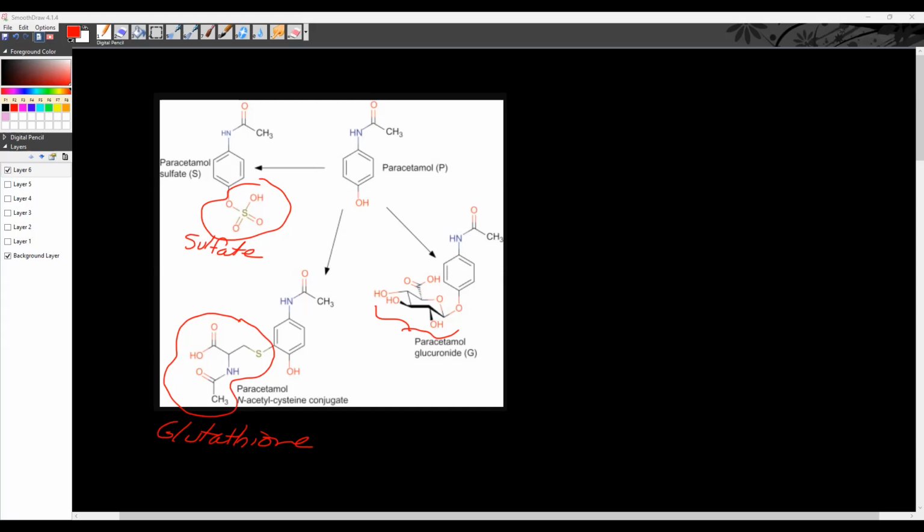All right. Let's take a look at one last structure, talk about its metabolism, and clear up that mistake I made earlier.